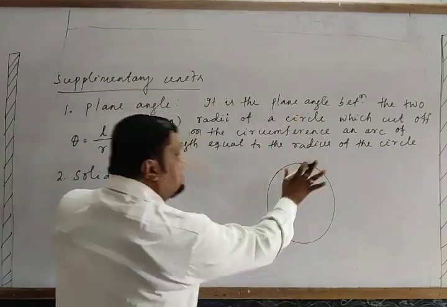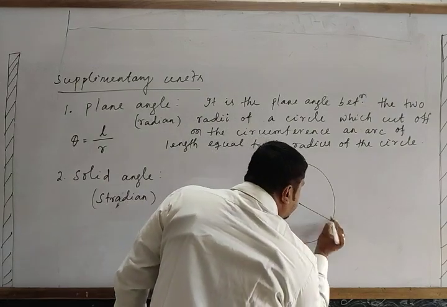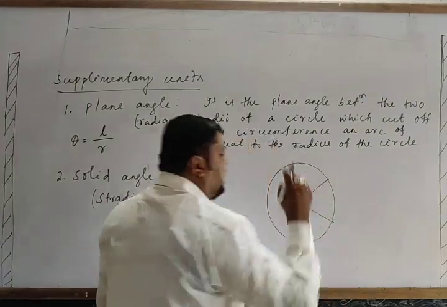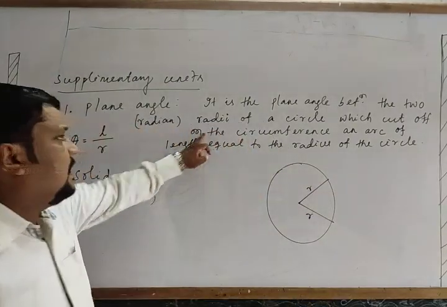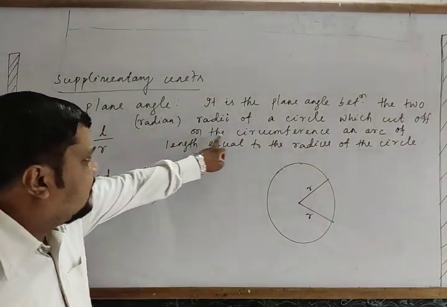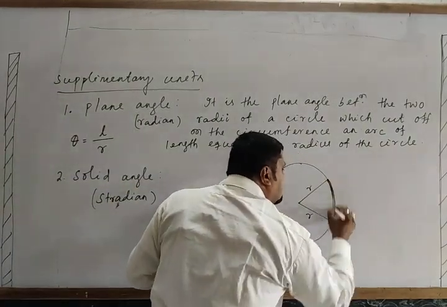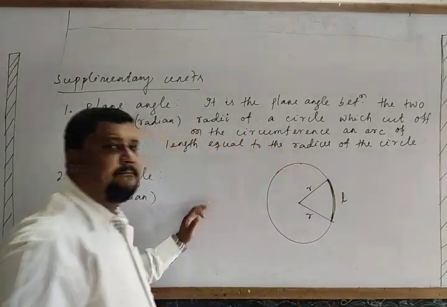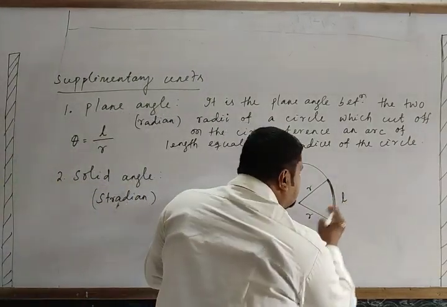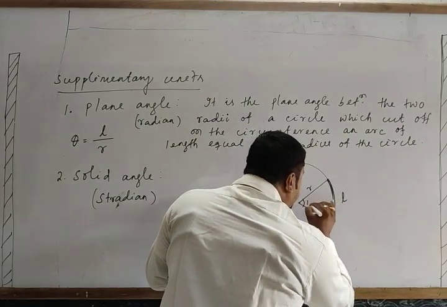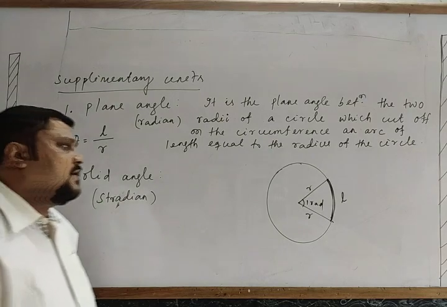On this plane, I have drawn the circle. Consider two radii, 1 and 2, each of length R. The part cut off on the circumference has length L. If L is equal to R, then this angle is 1 radian.